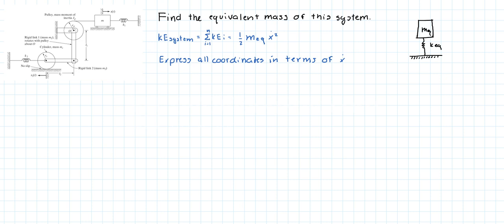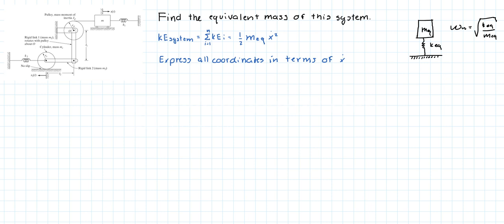For example, the natural frequency of the system would simply be equal to the equivalent stiffness over the equivalent mass. If you didn't reduce the system to a 1 degree of freedom system like this, it would be much harder to do.